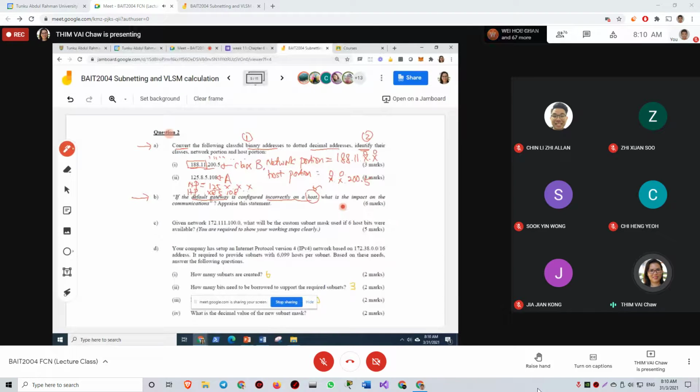So over here, he did not mention whether you communicate with the remote network or with the device on the same network. That's why I have another statement indicating that if the host communicates with the host on the same network, default gateway is not required.